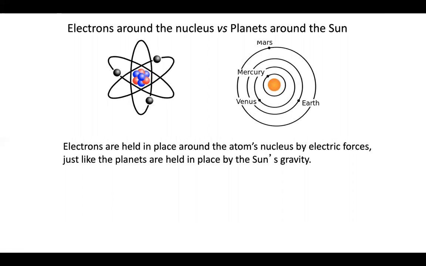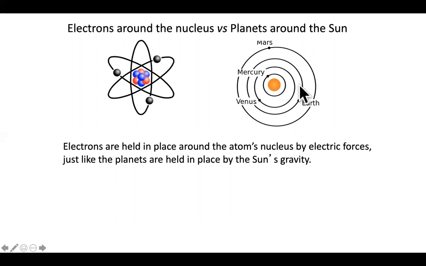Now, in terms of the basic physical forces involved, these aren't that different. The electrons are held in place around the nucleus by basically Coulomb's law. It's a little more complicated than that, but it's essentially Coulomb's law. The negative charges want to get close to this positive charge.